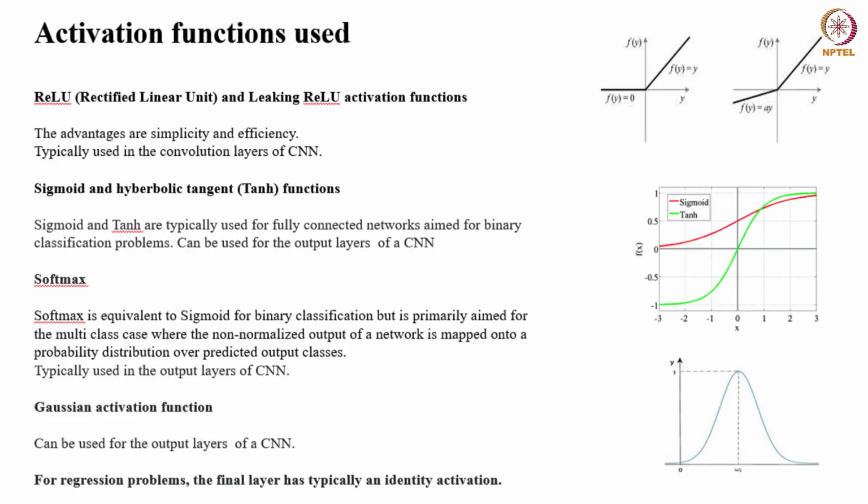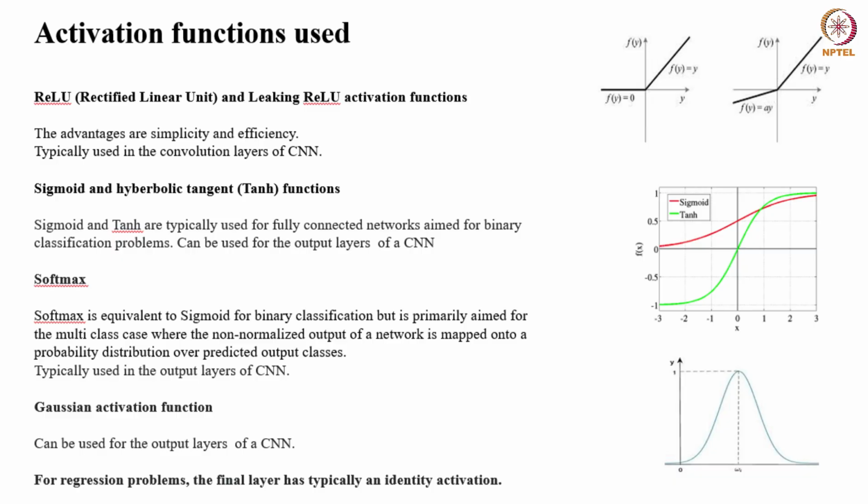If we look at the state of the art, it's very common to use the rectified linear unit activation function in the convolution and pooling layers. It's a very straightforward function and easy to handle, and there are no negative things with doing that.